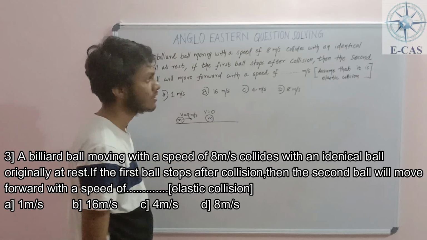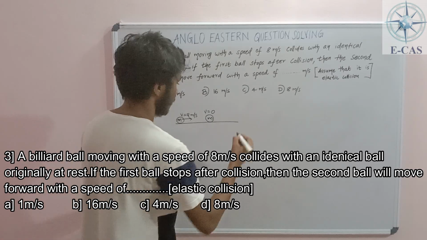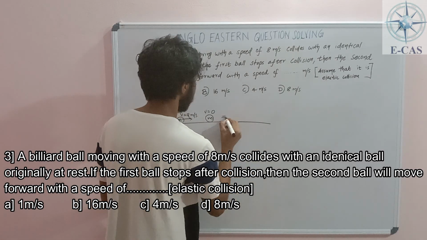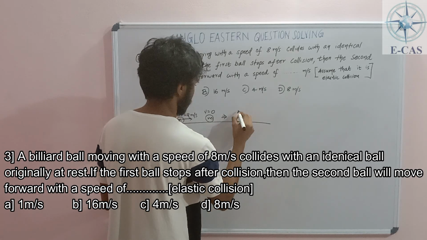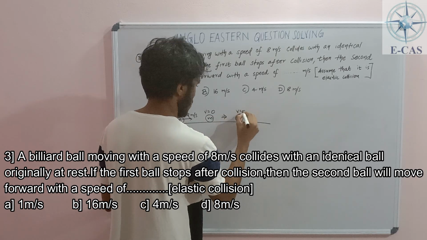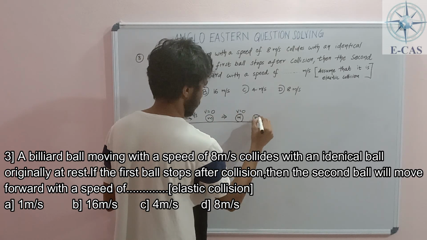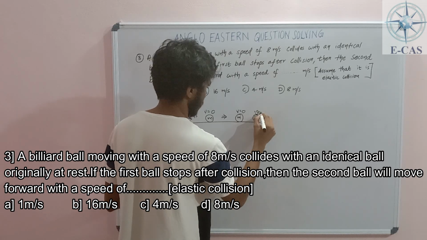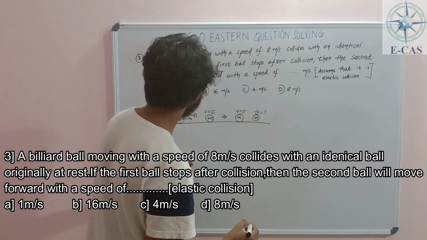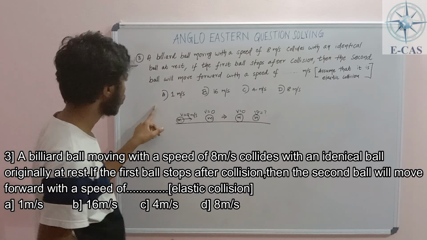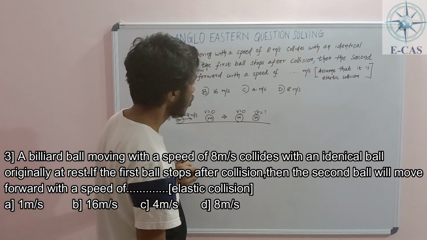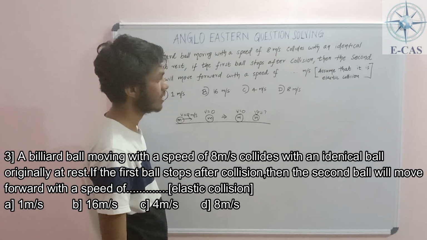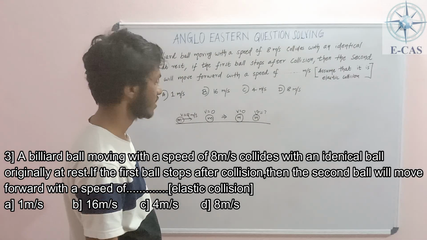We have to assume that elastic collision takes place. After collision, the system will become the given options: option A, 1 meter per second; option B, 16 meter per second; option C, 4 meter per second; and option D, 8 meter per second.